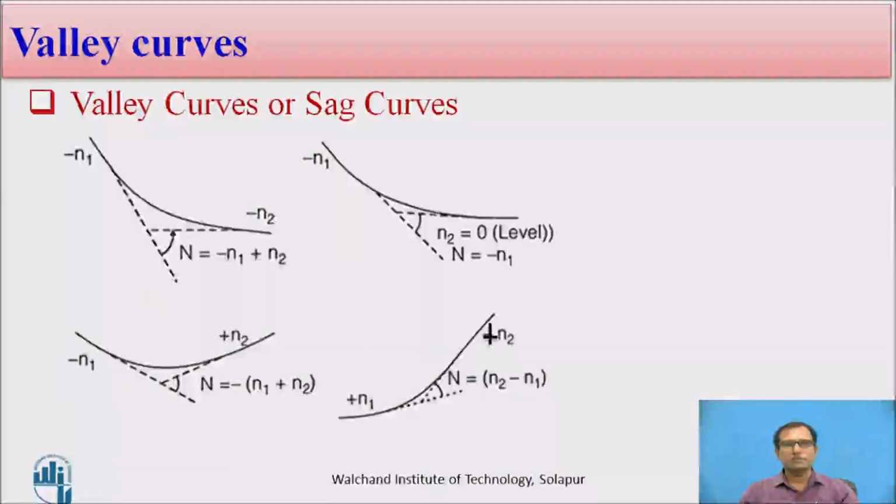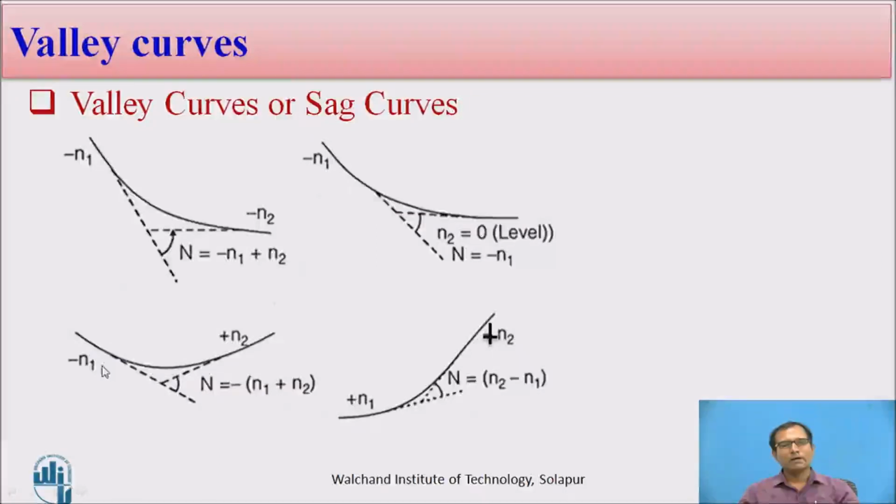A valley curve forms where a descending gradient meets another descending gradient. The deviation angle is the algebraic difference between the ascending or descending gradients. Here both are descending gradients, hence n equals minus n1 plus n2.